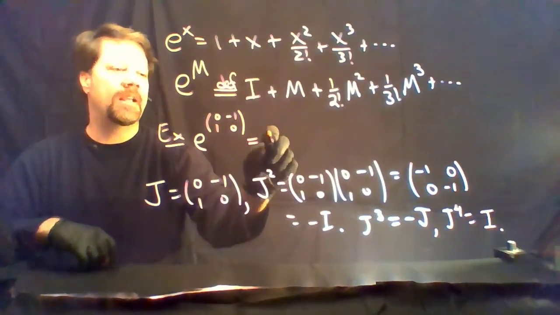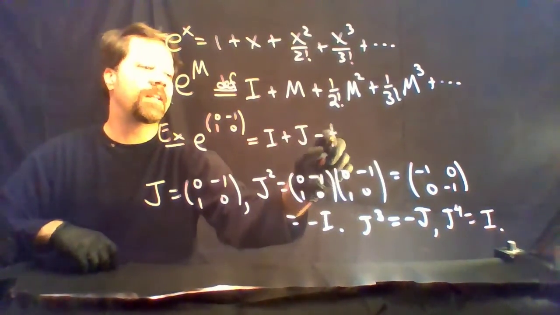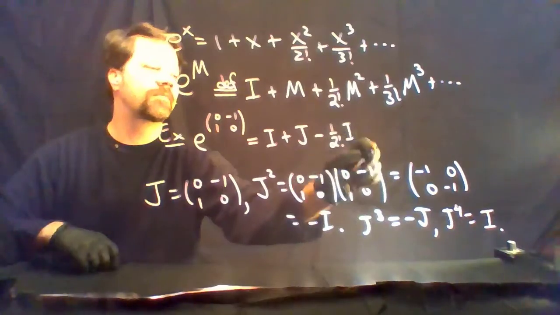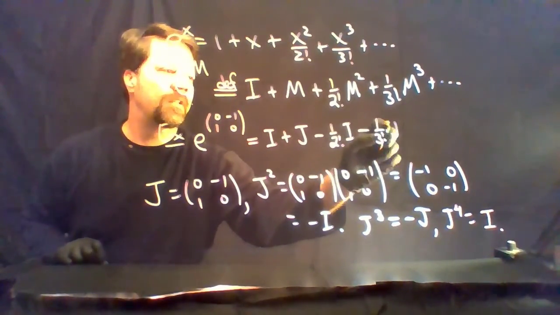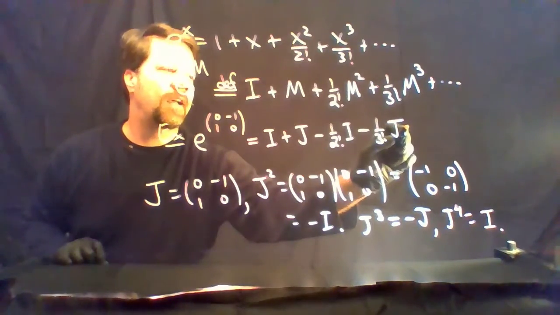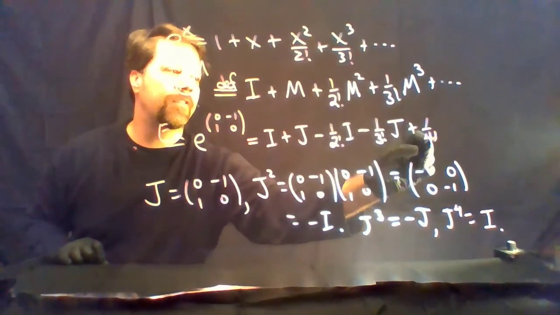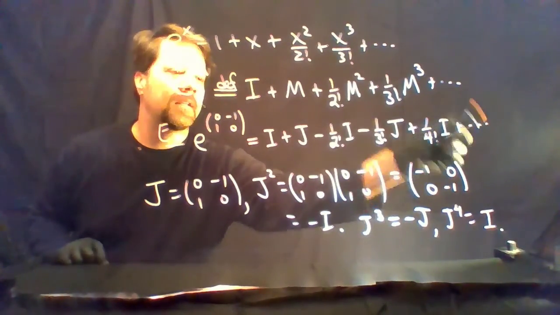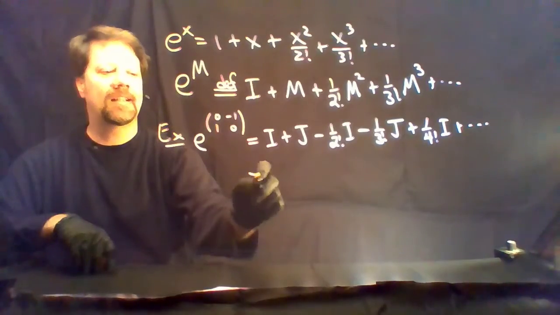This will then be I plus J minus 1 over 2 factorial I minus 1 over 3 factorial J, and then J to the 4th is I, so you have plus 1 over 4 factorial I, and so on. We can collect like terms.